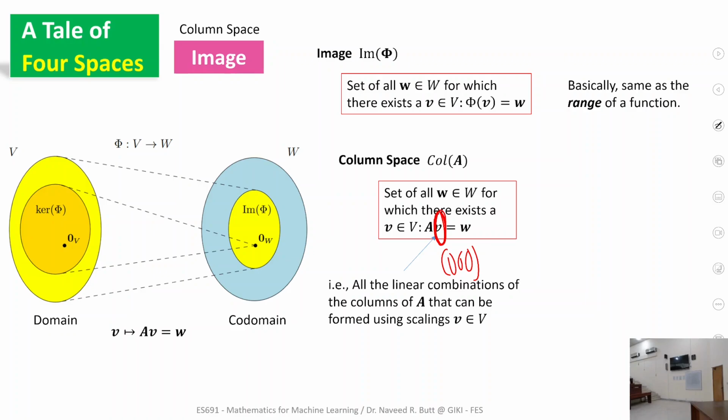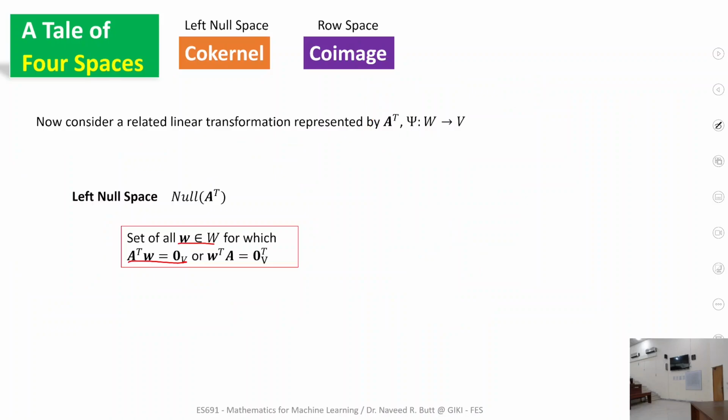Null space, the kernel, was a subset of V, whereas co-kernel or the left null space is a subset of W, और इसको मैं इस फॉर्म में इसलिए लिखा है just to show you why we call it left. वहाँ पे A v था, 0_W, that was null space.